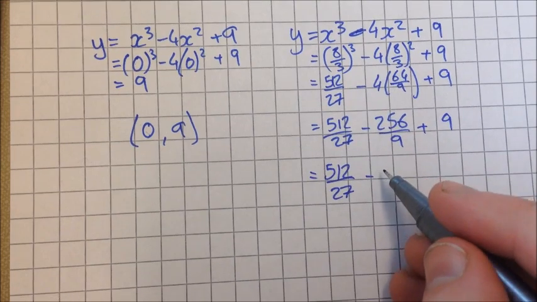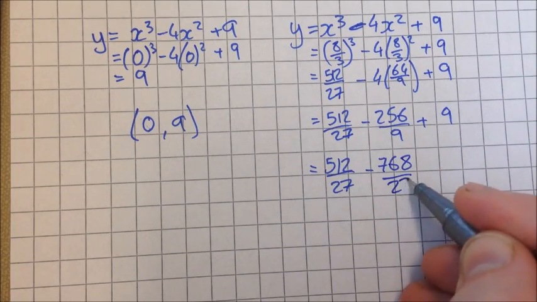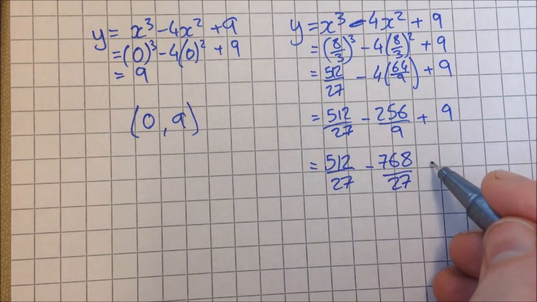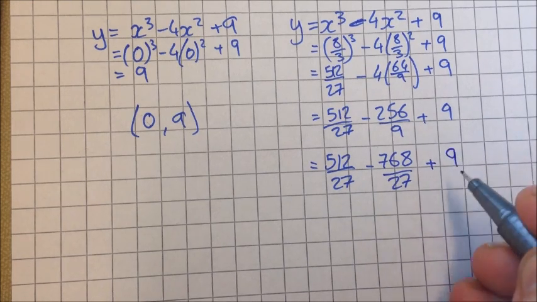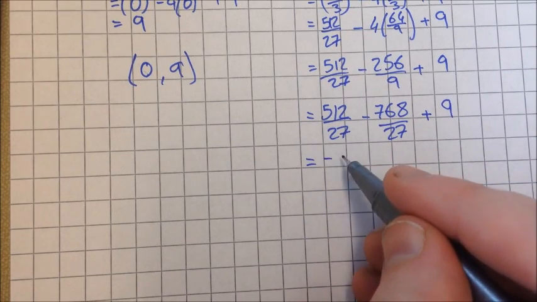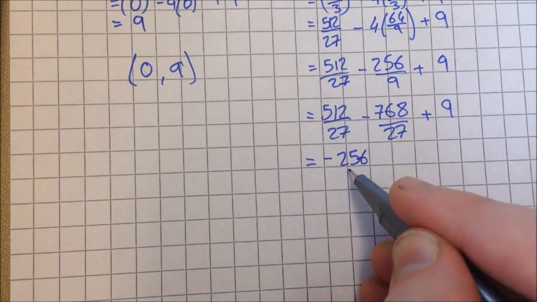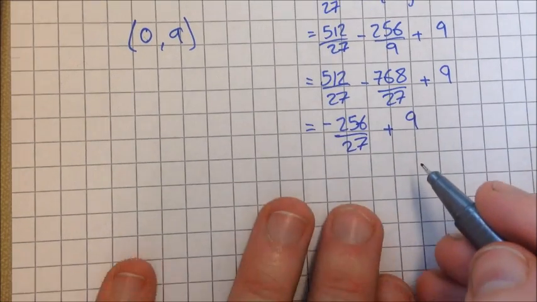Right, I'm going to multiply this by 3, so 768 over 27, the top and the bottom, so we've got the same denominator. So that is negative 256 over 27 plus 9.